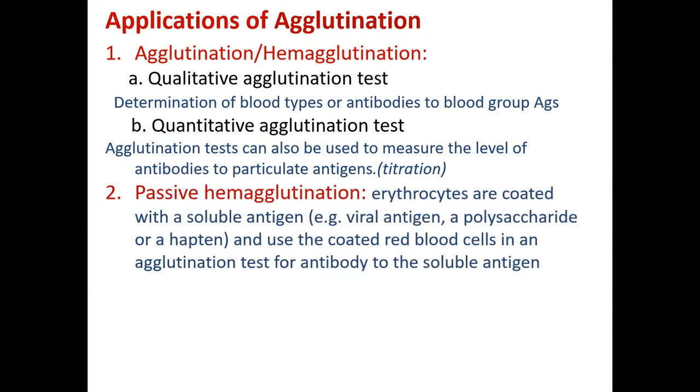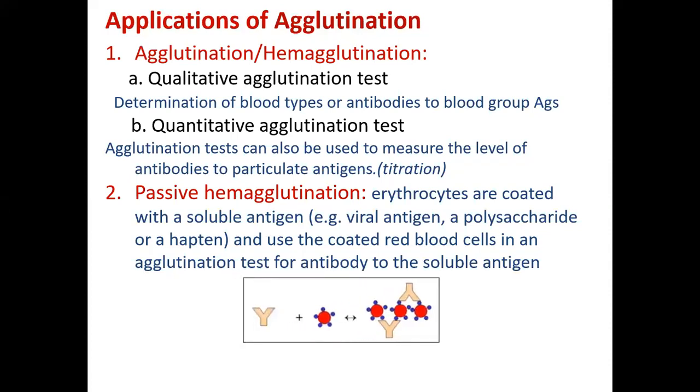Passive hemagglutination is where erythrocytes are coated with a soluble antigen, for example a viral antigen, polysaccharide, or hapten, and the coated red blood cells are used in agglutination to test for antibodies to soluble antigens. You can see how it works in that one. The other one is the Coombs test. The antiglobulin test is also very common.